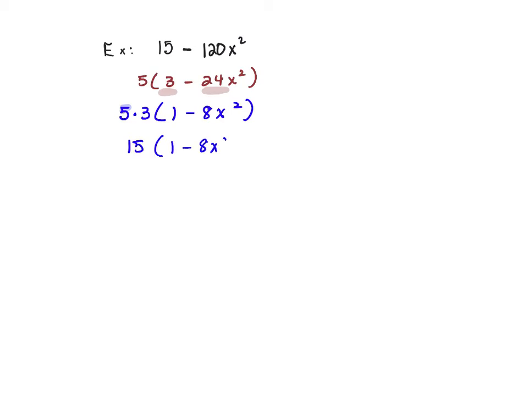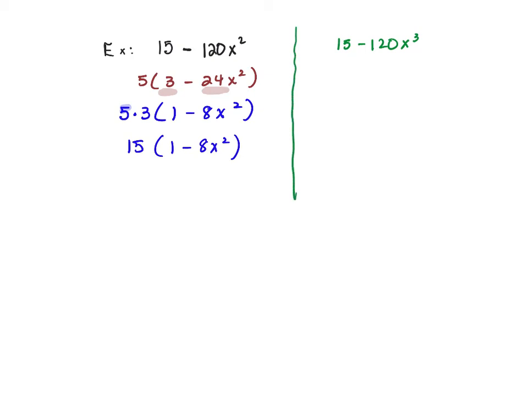1 minus 8x squared. Almost looks like a difference of squares, but I can't factor it. 8's not a perfect square. Okay, I want to do the same problem. And I think this is what the problem was supposed to be. I think it was supposed to be a difference of cubes problem. So I'm going to work it this way as well, so you can see a difference of cubes worked at least.